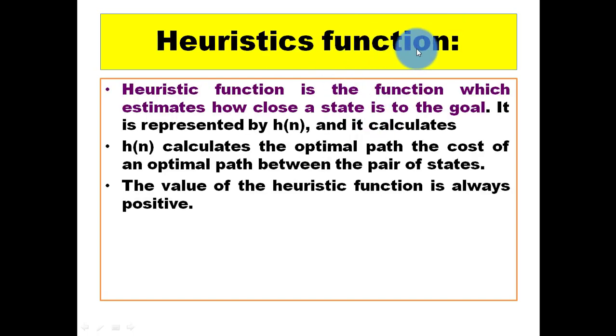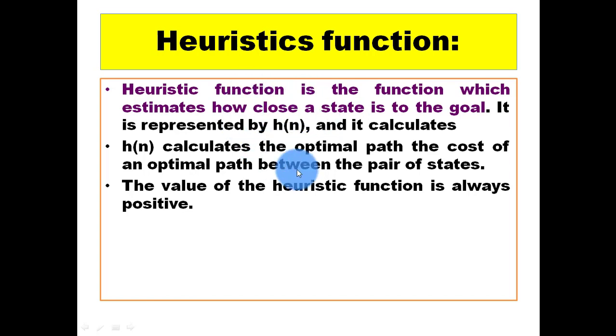Now, heuristic function. What is that? This is the function which estimates how close a state is to the goal. Suppose you are in current state X and your goal state is say Z, then how far X is from the goal will be estimated through the heuristic function, and we use the term Hn to represent heuristic cost.